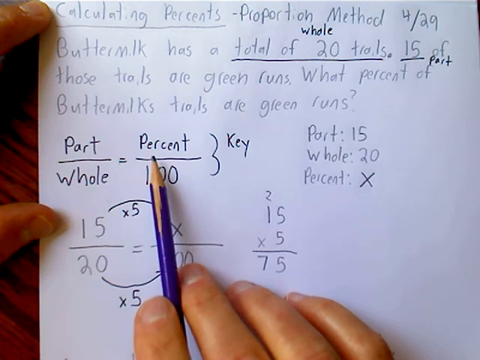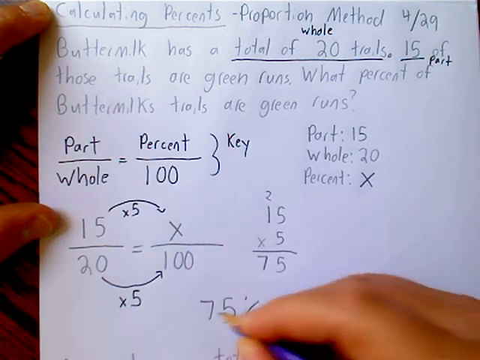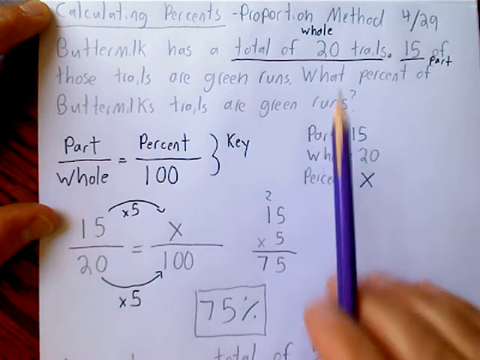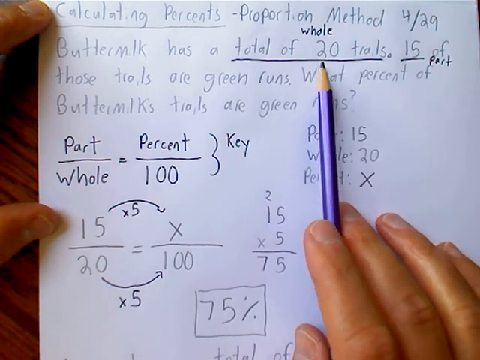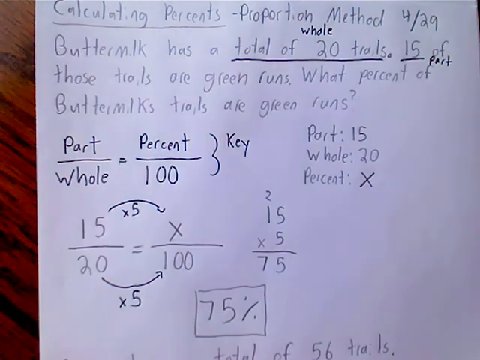But in this case, we're trying to figure out our percent. So it's 75% is our answer. 75% of the total trails on buttermilk are green. So there's our answer right there. 75% of buttermilk's trails are green runs.